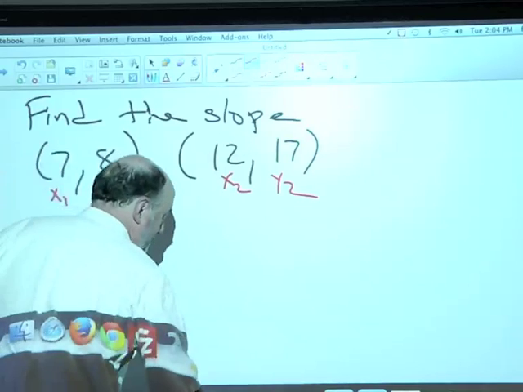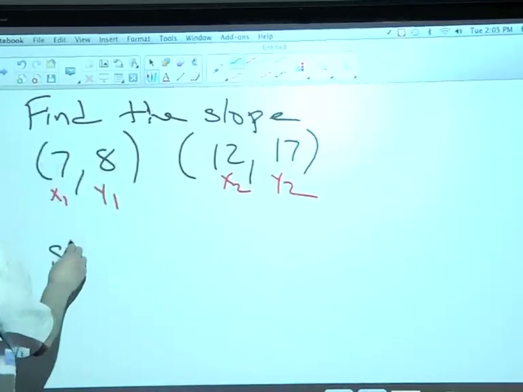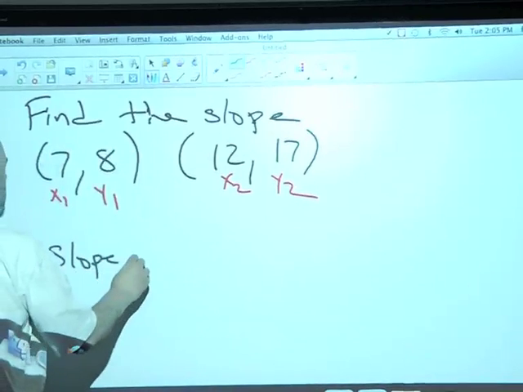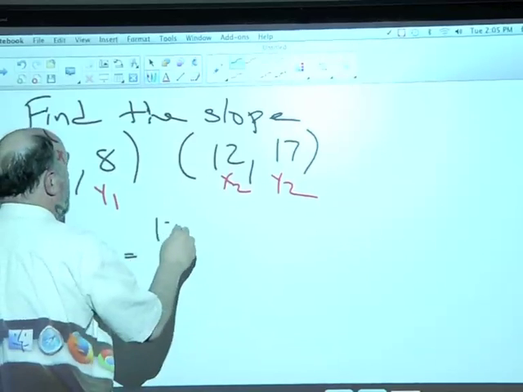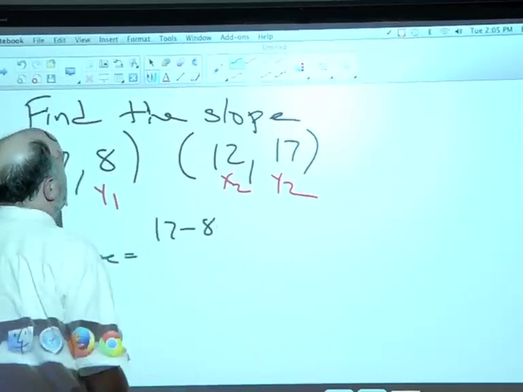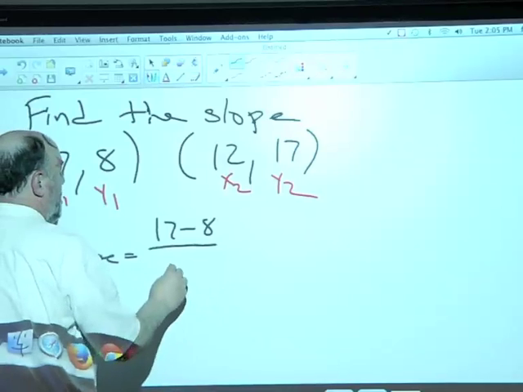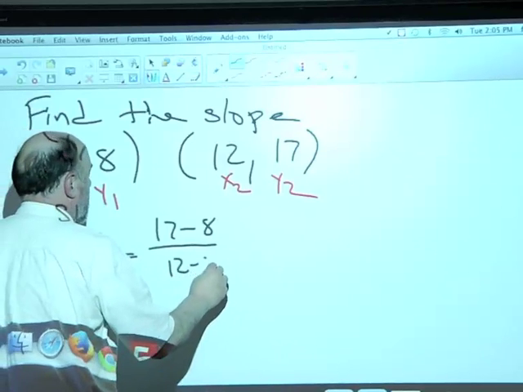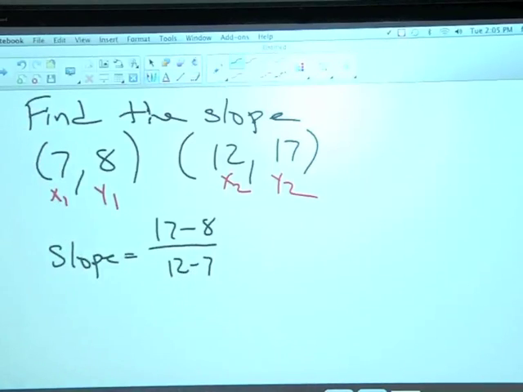So my slope is going to be 17 minus 8 over 12 minus 7. 17 minus 8 is 9.